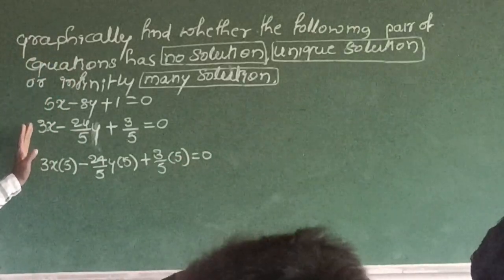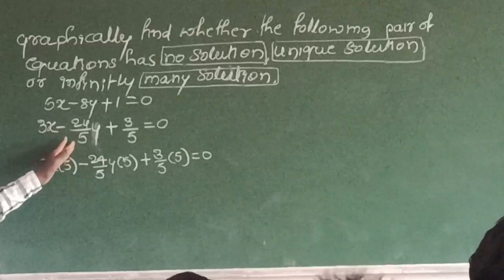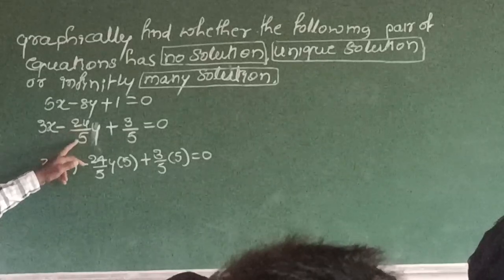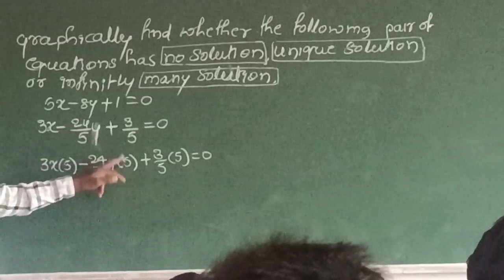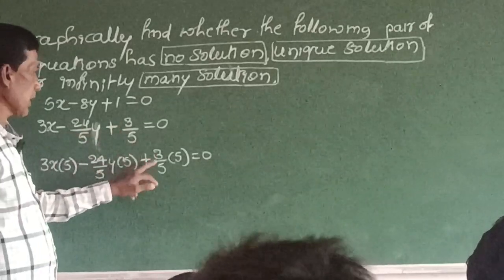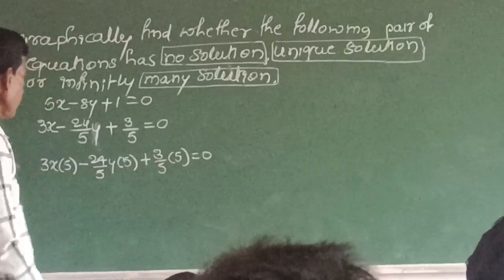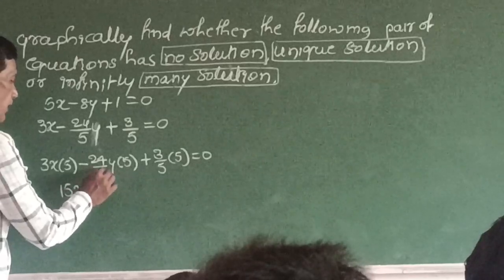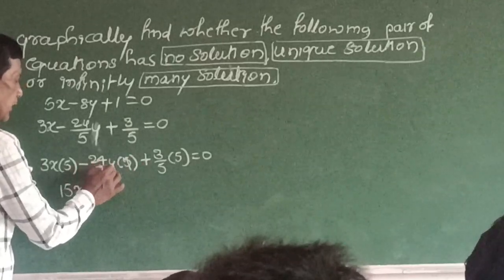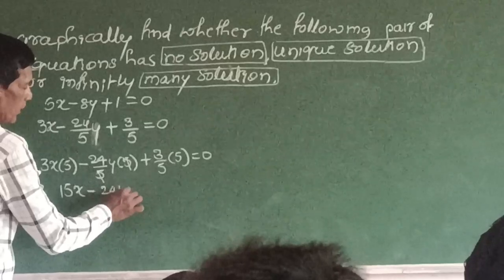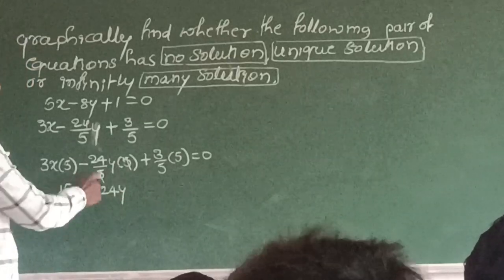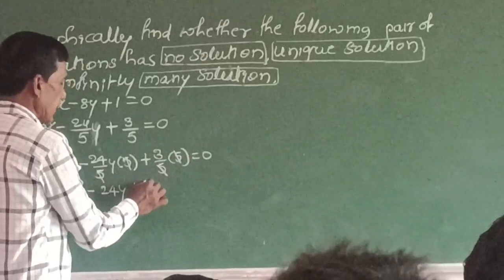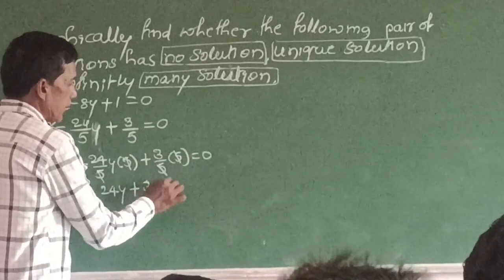Multiply every term by 5 because the LCM is 5. 3 fives are 15x, minus, 5 cancels, 24y, plus, 5 cancels, 3, equal to 0.